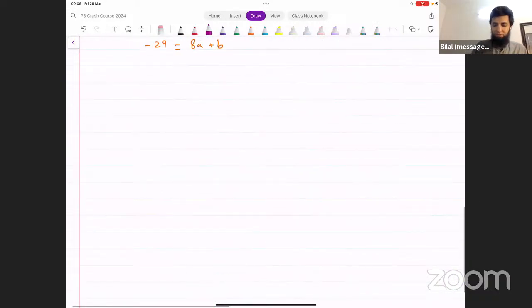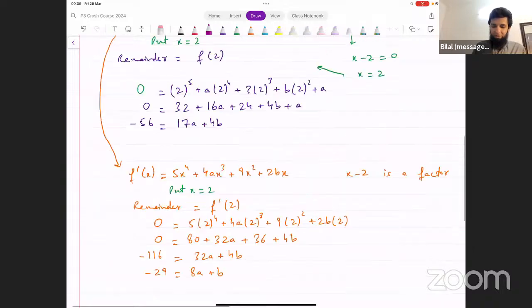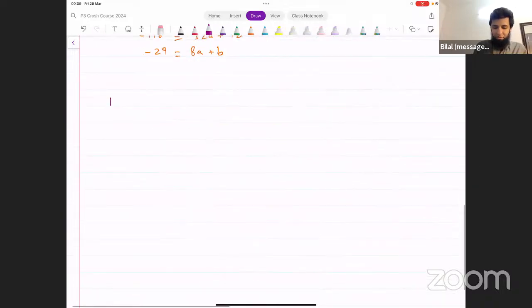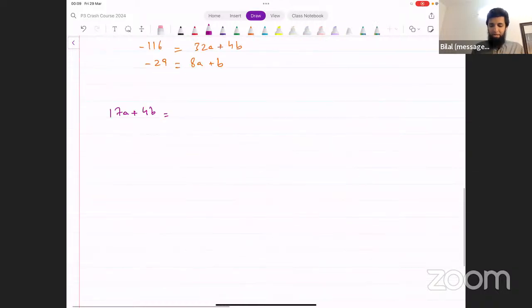So we have two equations. Let me write those two equations down here. The first equation was 17a plus 4b equals minus 56. And the other equation is 8a plus b equals minus 29.